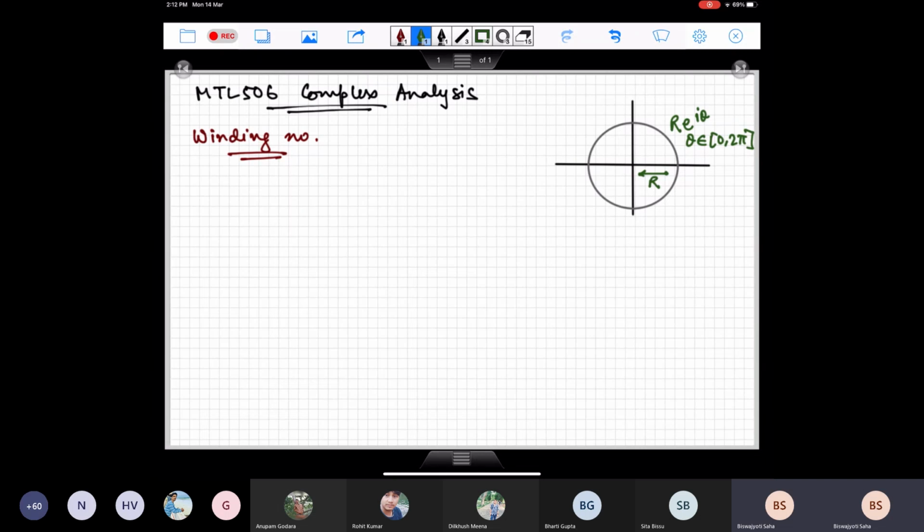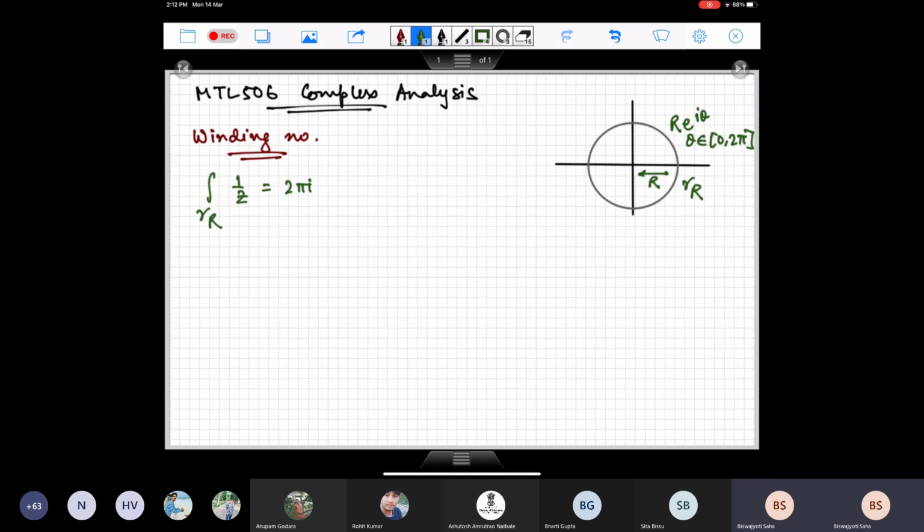Okay, and let us call this path gamma r. Now we have seen already so many times, the integral over gamma r of 1 over z is what? Right, so this is the integral of 1 over z over gamma r.